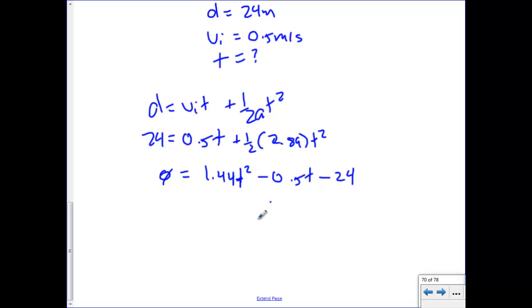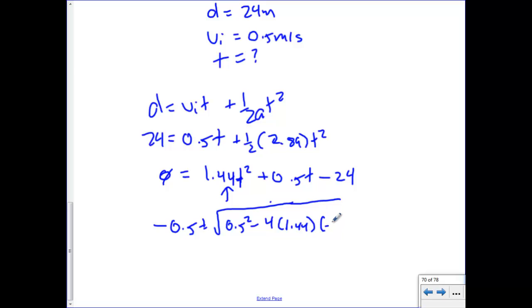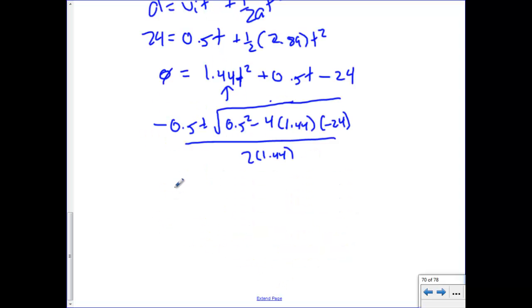Why do you have minus 0.5? Should be plus 0.5 t, thank you. And then minus 24 though. Yeah. Okay. This number right here, I actually am using 1.447, something like that. So, negative 0.5 plus or minus the square root of 0.5 squared minus 4, 1.44, negative 24, all over 2 times that 1.44.